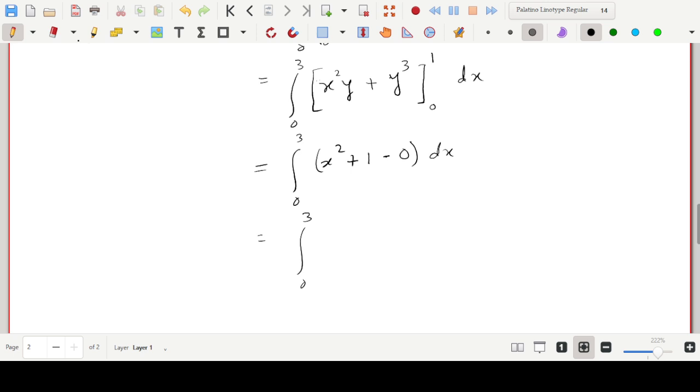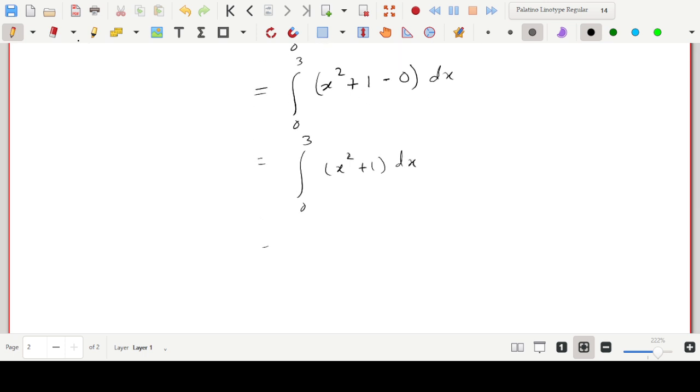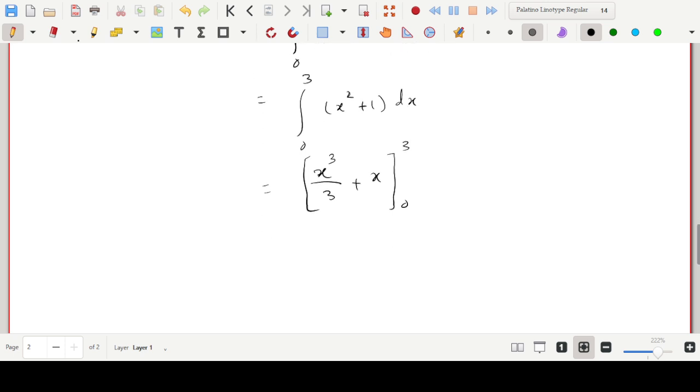So this is the integral of x square plus 1 dx, and this is x cube over 3 plus x, and the limits of integration.